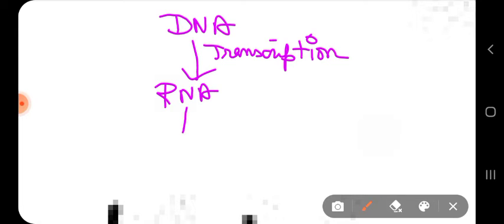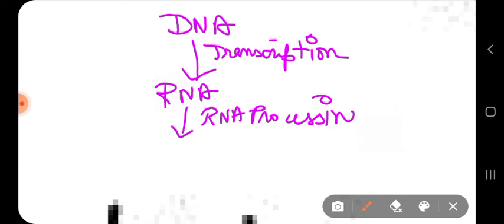And that RNA is processed, called post-transcriptional modification or RNA processing, to form a final mature mRNA.